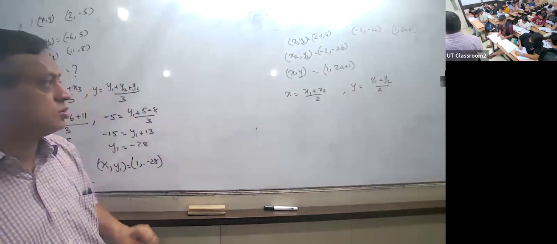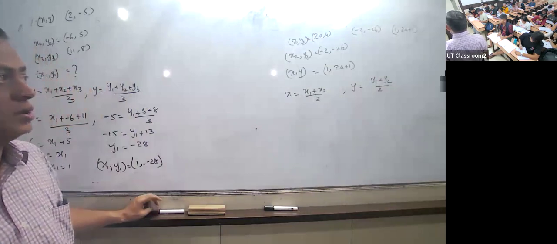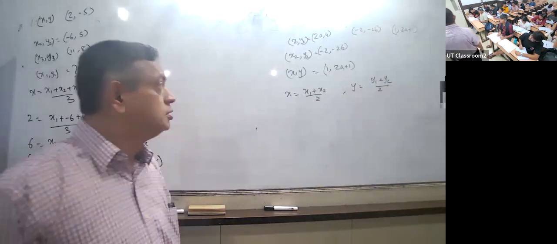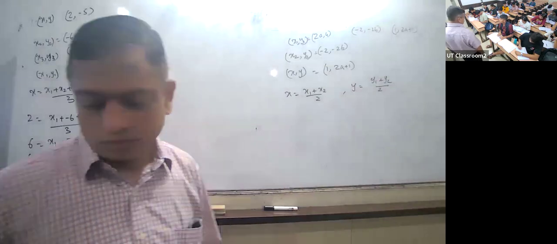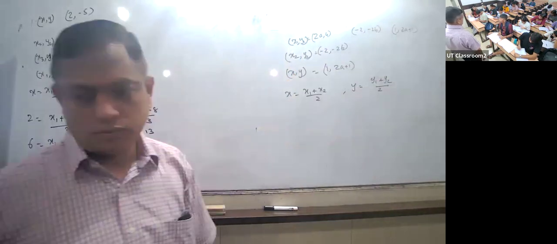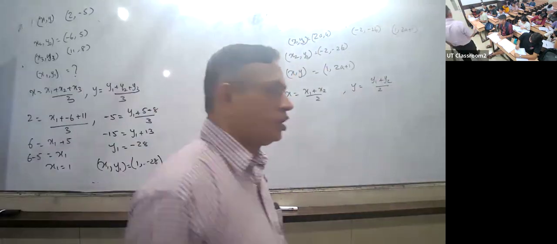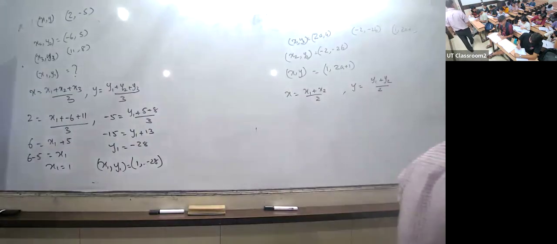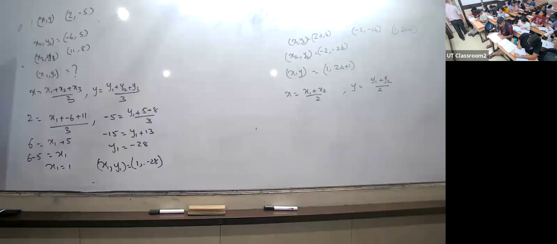Midpoint formula. X is equal to x1 plus x2. 1 is equal. Should I substitute and show? Do it here, or the answer is not coming. Okay. This time you will tell the answer.